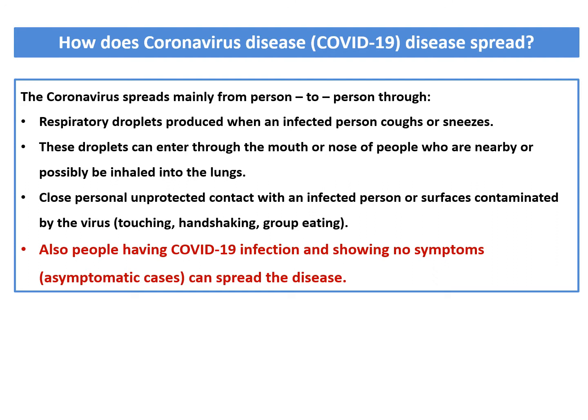Or if you touch the surfaces which have been contaminated by the virus, specifically if somebody coughs near a table or any surface, the viruses can drop or spray themselves on the surfaces, and if you touch the surfaces, you get your hands contaminated, and if you touch your eyes, mouth, and nose, you have a high risk of transmission.